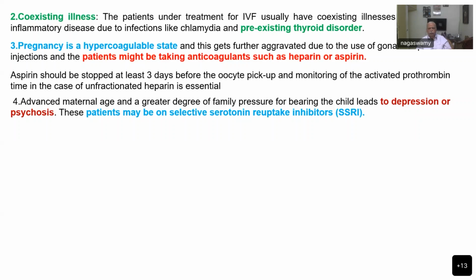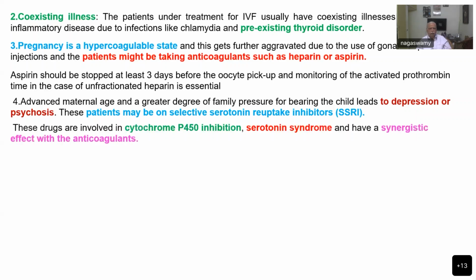So this advanced maternal age is a problem, and many of them may have some depression also because of the taboo that they face in society. So they may be on some antidepressant drugs also. So you must ask about history of intake of aspirin or heparin, and the second history, drug intake history, is whether they have been taking any selective serotonin or antidepressant tablets.